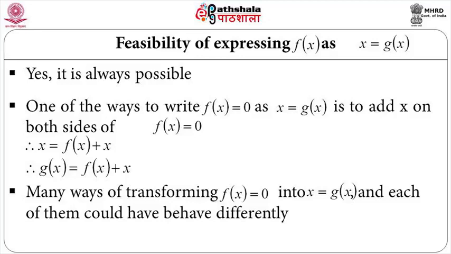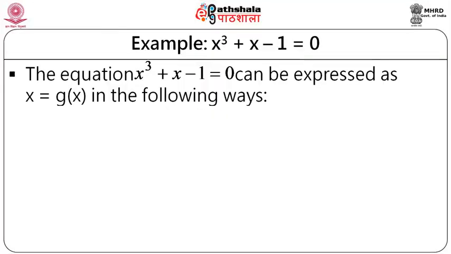So, g x will take the role of f x plus x. There are of course many ways of transforming f x equal to 0 into the form x equal to g x. One way always exists. Let us take one practical example to see that there is more than one way to express x as g x.